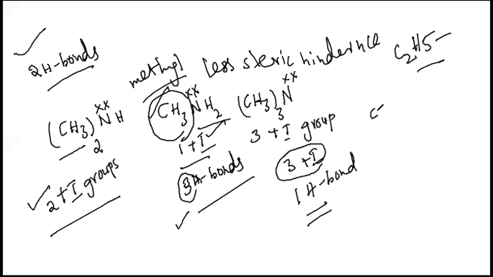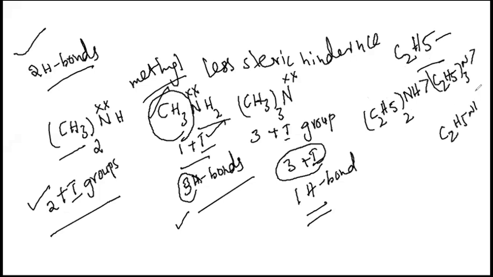That is the reason for ethyl amines: (C2H5)2NH, secondary, followed by tertiary (C2H5)3N, followed by primary C2H5NH2.